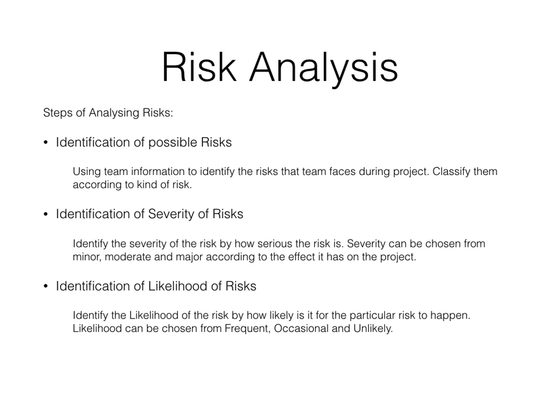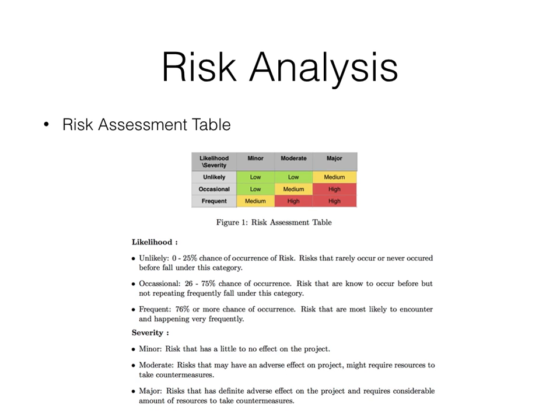The next step in risk analysis is identification of the likelihood of a risk, how frequently it can happen. Did it never happen at all, or is it known to happen once or twice, or is it a frequent thing that will keep on happening during the project development? Once you have clearly identified the risk and its likelihood and severity, you can use the risk analysis table that we have shown in the presentation to analyze the risk.